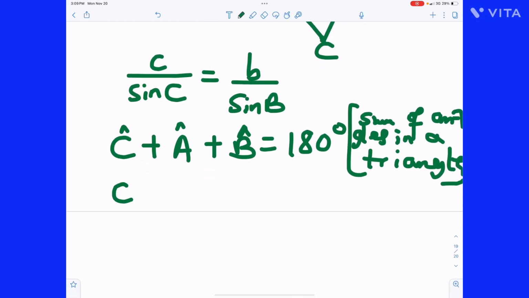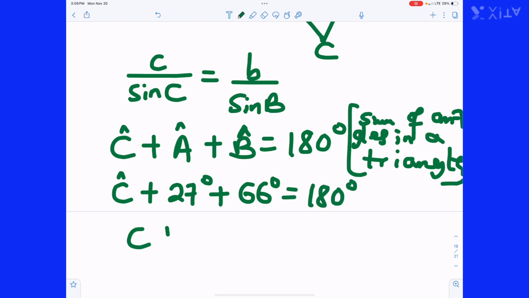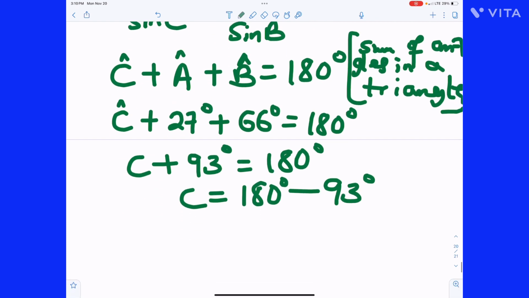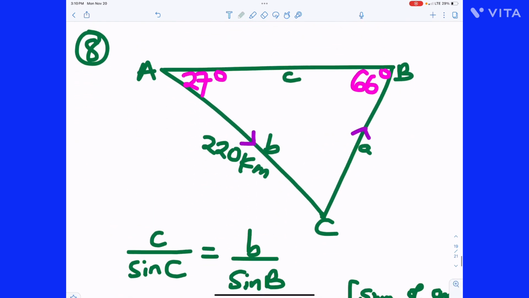So angle C plus 27 plus 66 is 180. C plus 93 degrees is 180 degrees. So C is 180 degrees minus 93 degrees. Angle C is 87 degrees. So we can put 87 here as our angle for C.